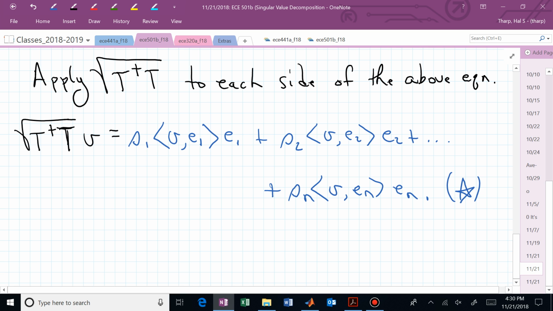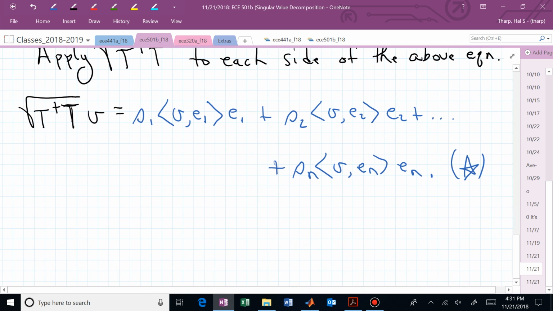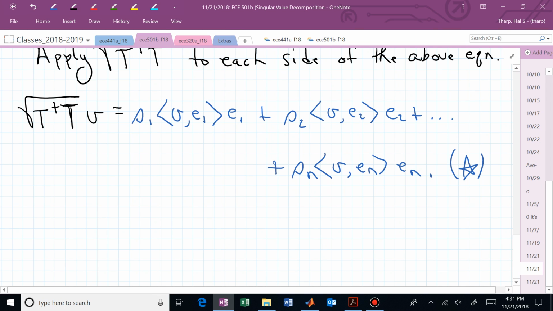So now we have weightings on this orthonormal basis, E1 through E sub n, and those weightings involve singular values of our operator T, which are the eigenvalues of this square root of T dagger T. We also know that we can decompose our operator T into its polar decomposition.